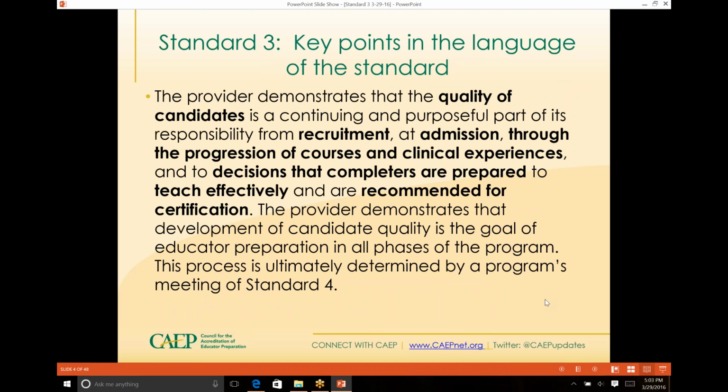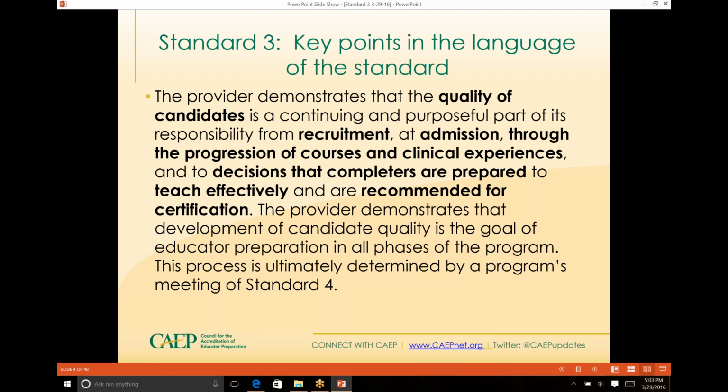I start with the key points of the language of the standard itself, because when it comes to the end of your self-study for Standard 3, you'll be uploading buckets of evidence under the components, but you'll only be writing a narrative that responds to the language of this standard.